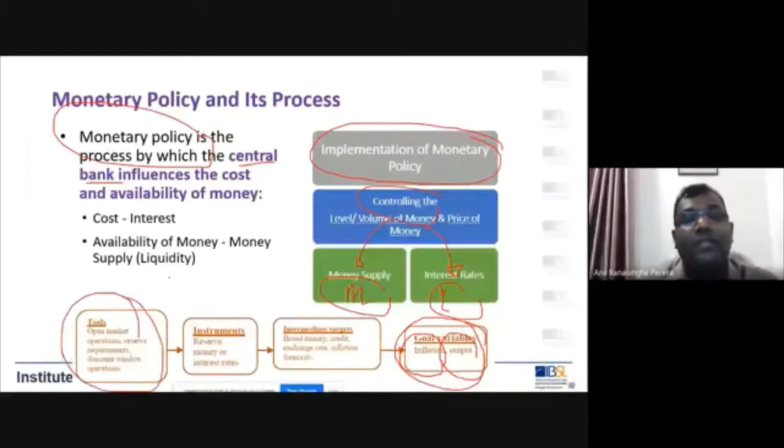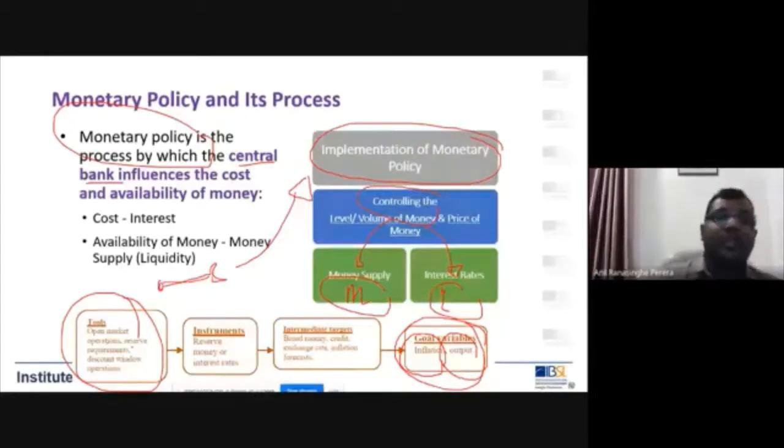Central bank has various tools as instruments related to monetary policy. So monetary policy is implemented by adopting these tools, right?